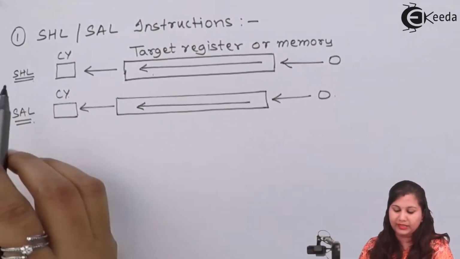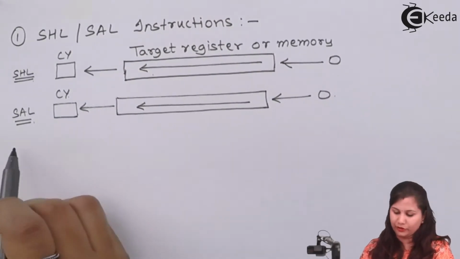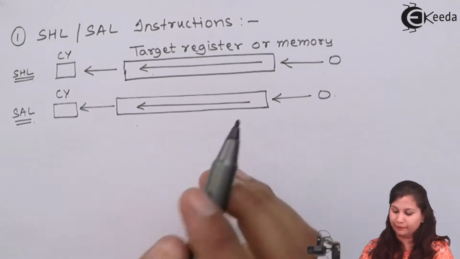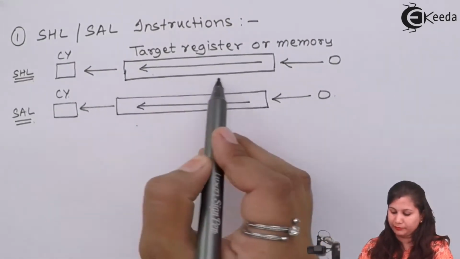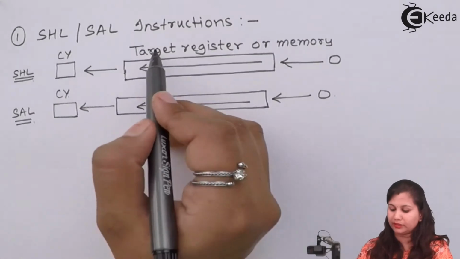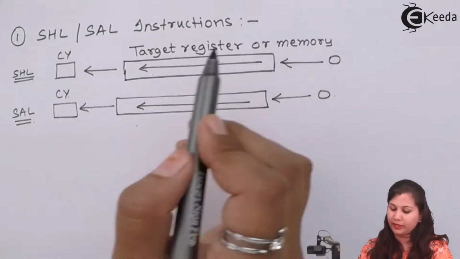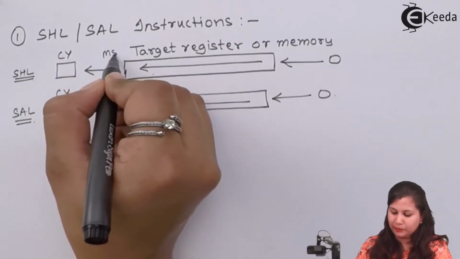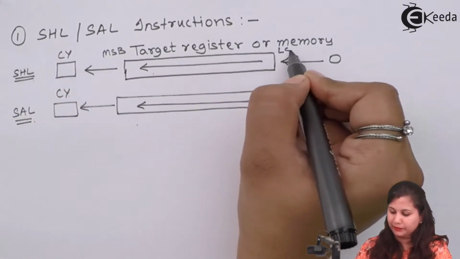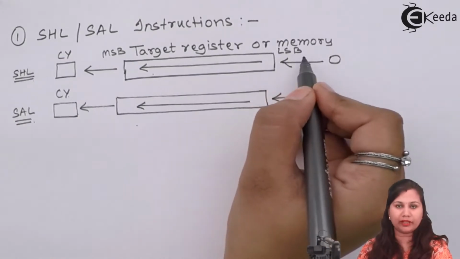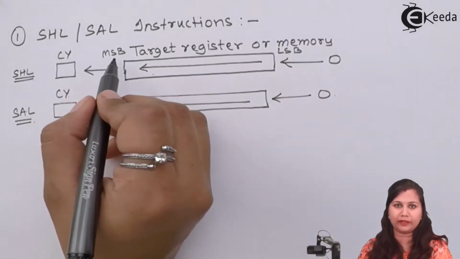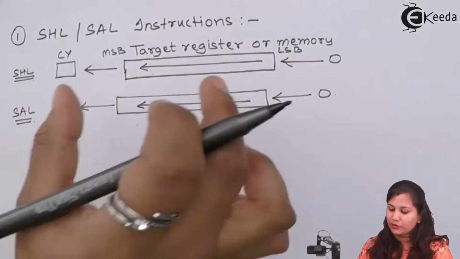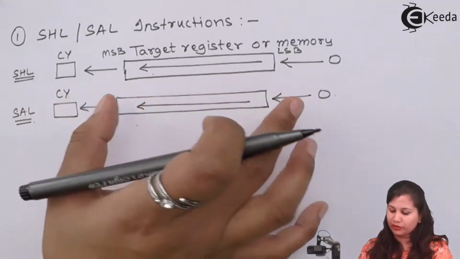So this is how we can explain the SHL and SAL instructions. Both these instructions, you can see that their operation is the same. They are shifting the binary data which is stored in the target register or the memory to the left side. This will have an MSB bit and an LSB bit. LSB is the least significant bit and MSB is the most significant bit. So from D0 to D7 we have 8-bit data, or 16-bit data can also be there.